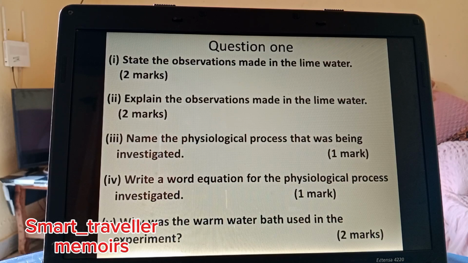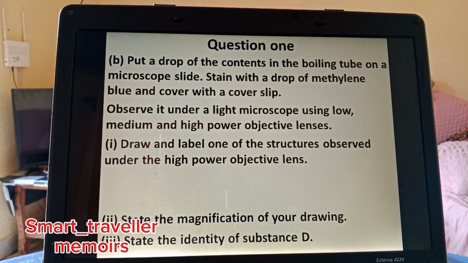And finally, why was the warm water bath used in the experiment? So those were the questions.